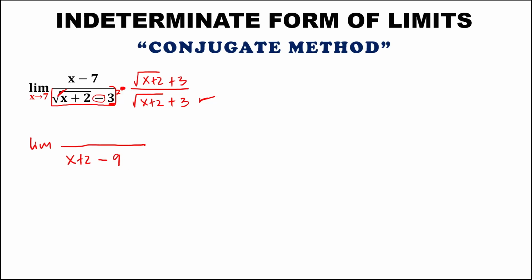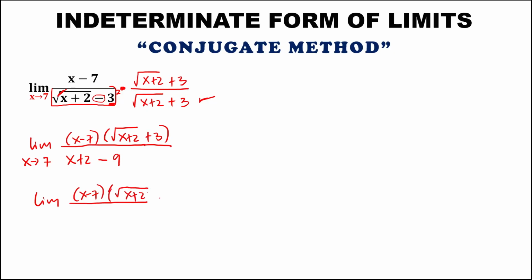Then in the numerator, just copy the given. So this is x minus 7, then times the square root of x plus 2, then plus 3.